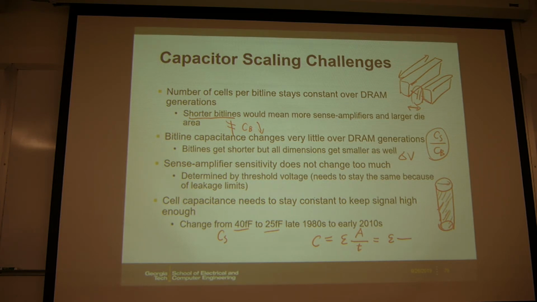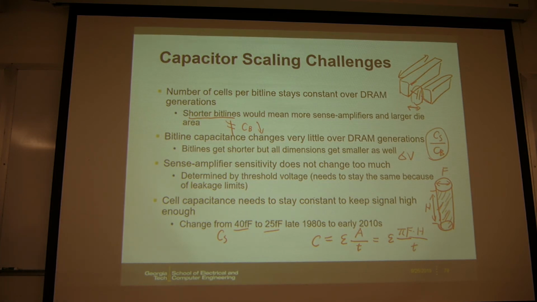If this is your technology node, F, and you have height H, so your area is what? Pi F, which is the perimeter, times what? H, right? Divided by the thickness of that oxide, which does not change too much. So you look at this with the scaling. That means you scale F. Of course, the C will decrease.